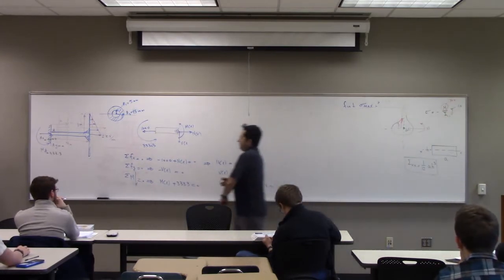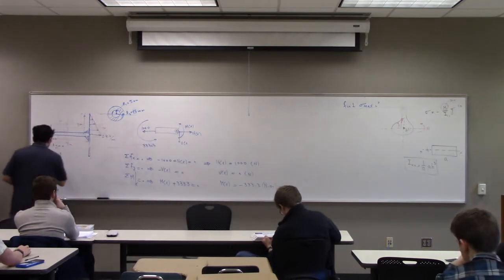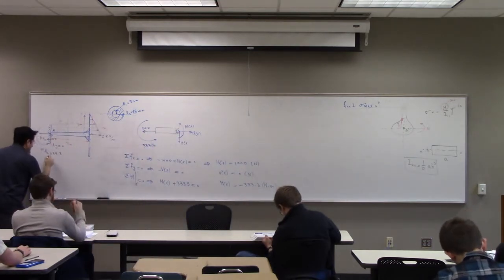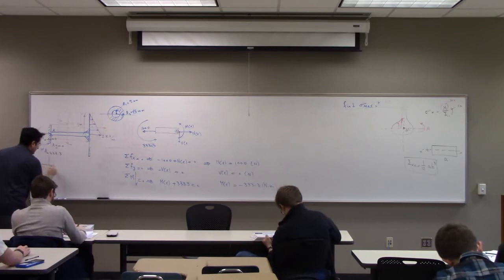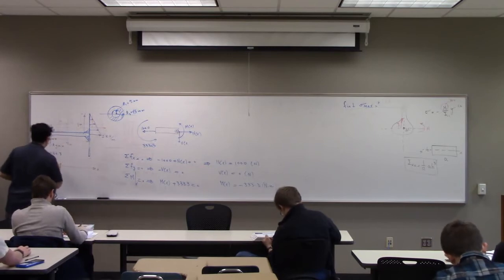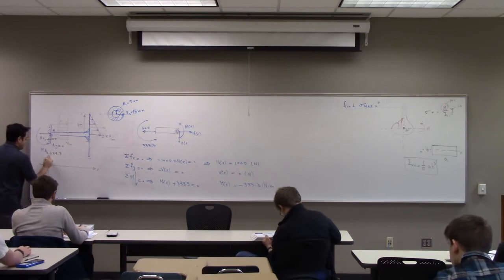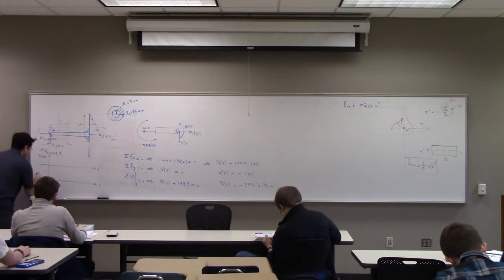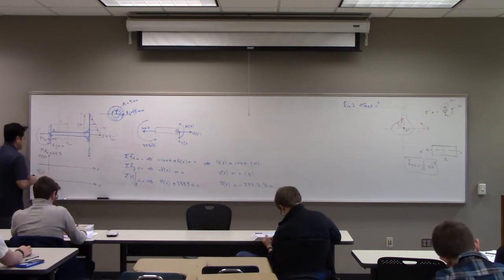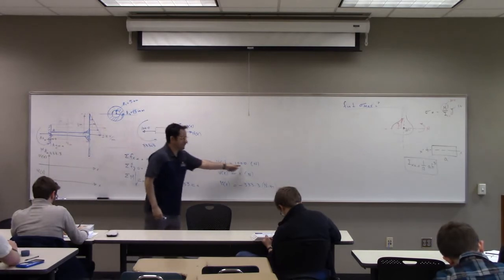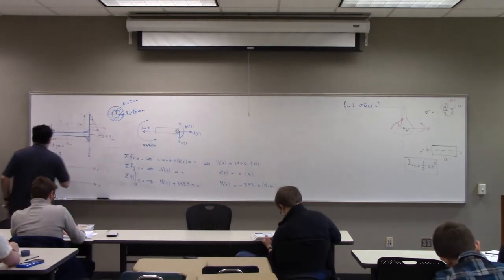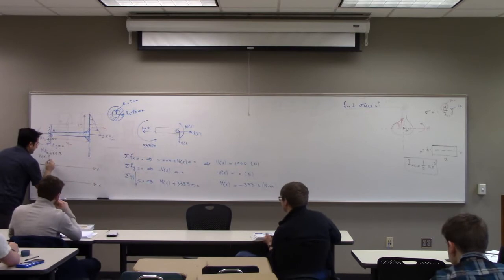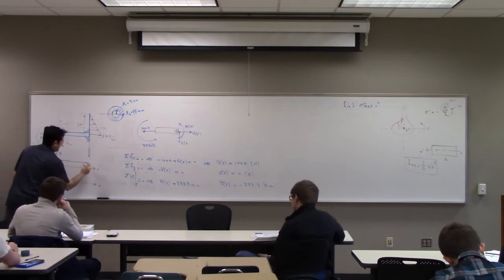Okay? So I found my M. So if I want to draw the diagrams, let's draw the moment diagram and normal force. So this is my X, and this is my normal force at X, and again X, my moment diagram at X. For the normal force, I have a positive 1,000 everywhere, from here to here.